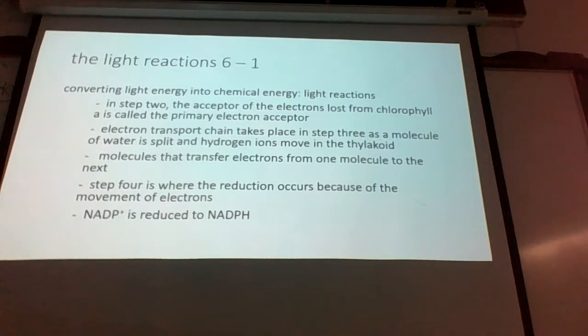So probably the biggest thing to keep in mind here is that sunlight is absorbed, water is split, and when that happens, the electron transport chain pulls that hydrogen ion along, so then this compound can get reduced from NADP with the positive charge to NADPH.